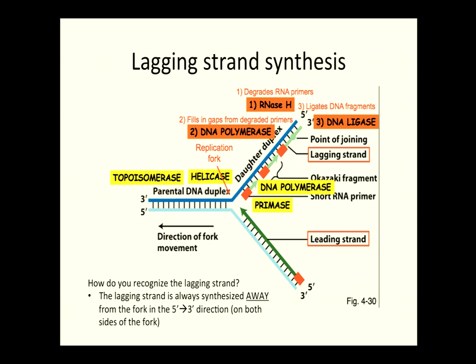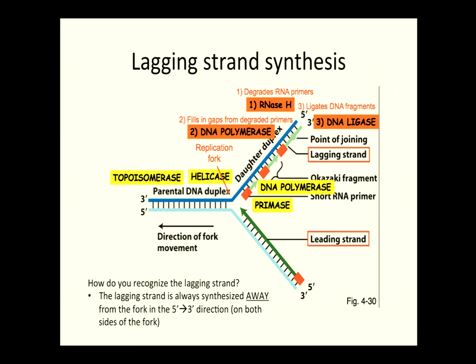Okay, so let's say that you've replicated both strands of DNA. So this one would be your leading. And this would be your lagging. So this was your last primer, which was made, and it's at the 5' end.